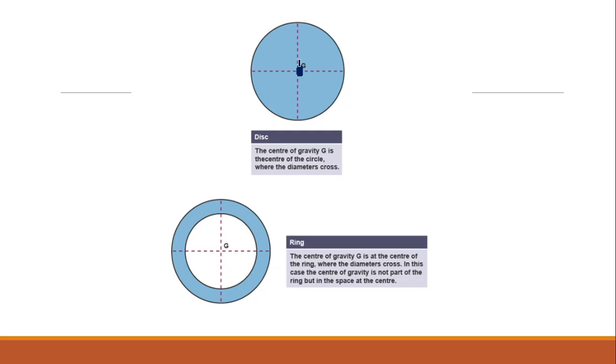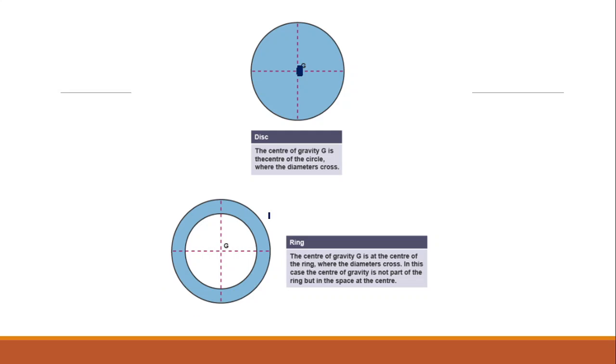In this case, however, you can see that the center of mass is not on the body or not on the matter. It is outside the surface. It's in the space, in thin air.